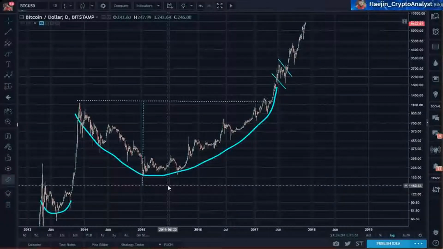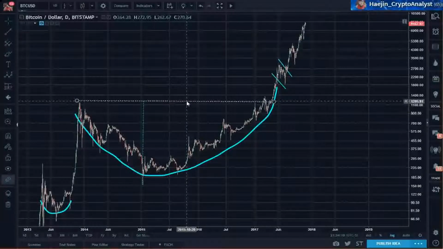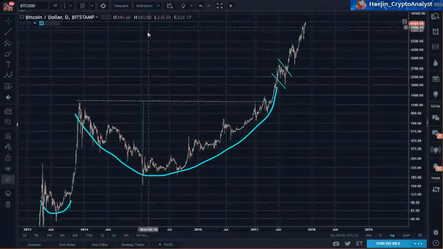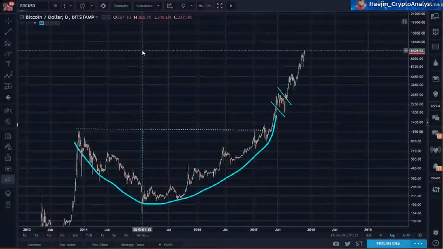Here is from 150 to 1205. And if you take that line, it pretty much met that so far, that minimum target. But it will well exceed it in my opinion.